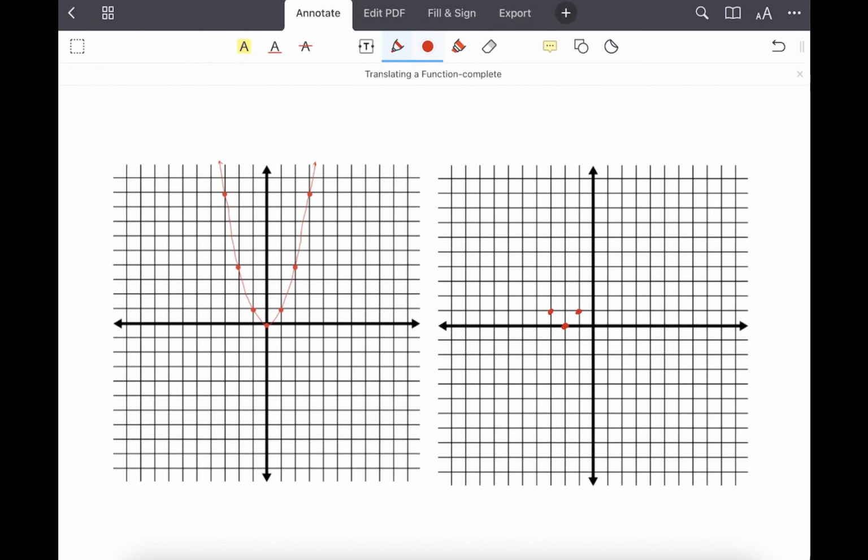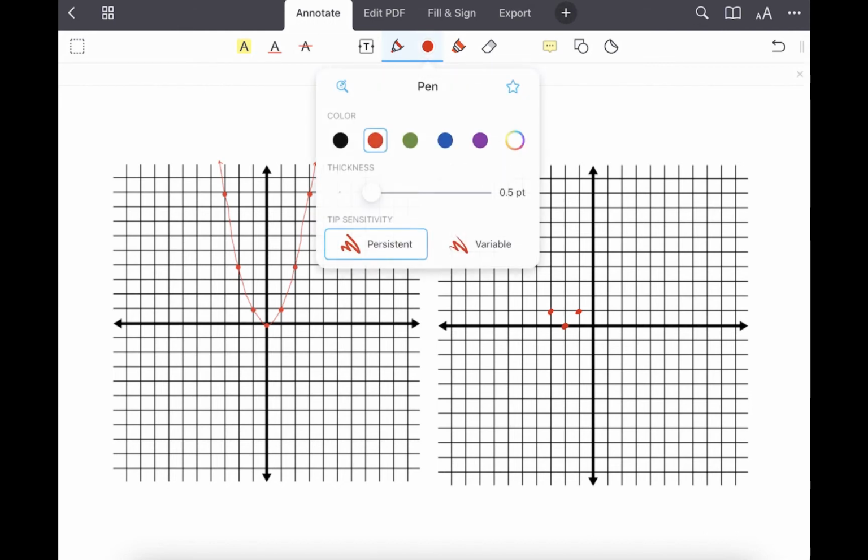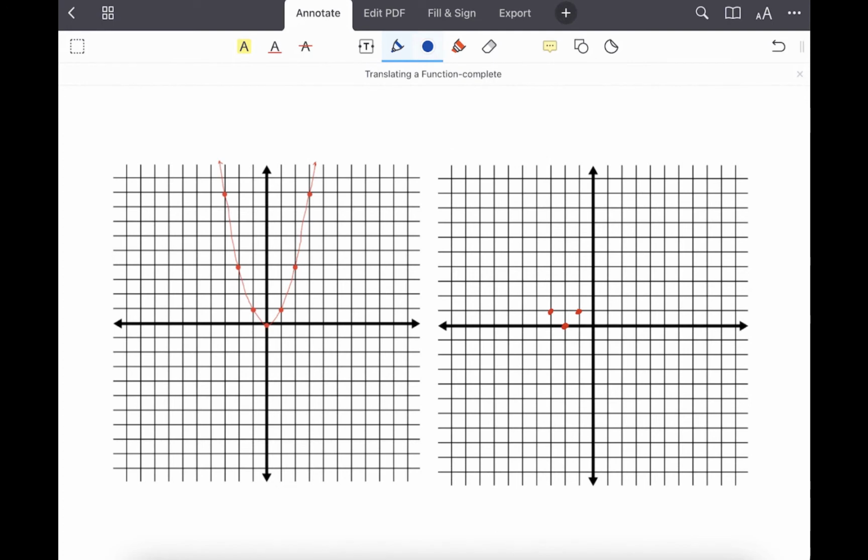Now I want to shift this one to the left by 2, and this is sometimes even a little easier to do on the original graph itself. So just count to the left 2 there. Shifting it to the left by 2. If you want to draw it by itself, though, you can just take those same points and plot them there.